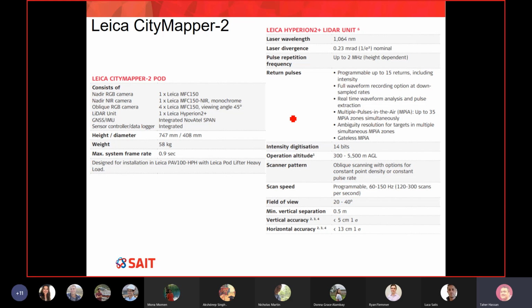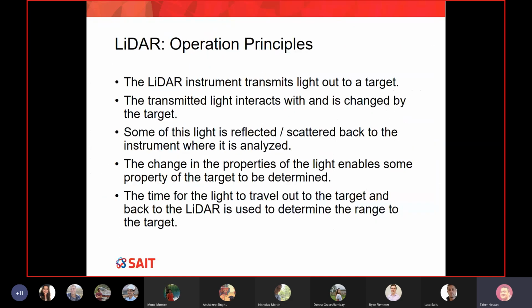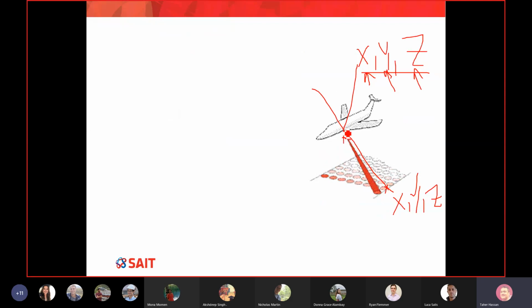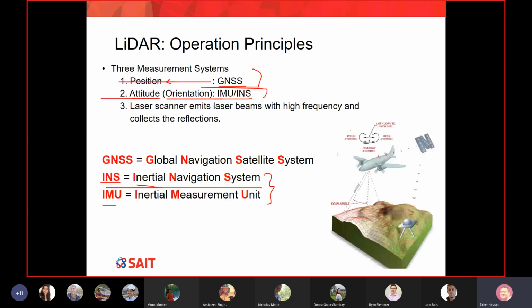The field of view is 20 to 40 degrees. And if you ask what is the field of view, I can go back a little bit and show you. You can see this angle here is called field of view, just like a camera, which is how wide you can see, 20 to 40 degrees.